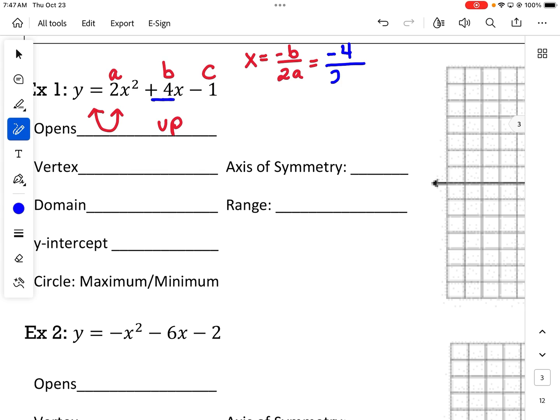So negative 4 over 2 times a, 2 times 2. So we'll plug that into the calculator. Negative 4 over 2 times 2. Go ahead and do that.